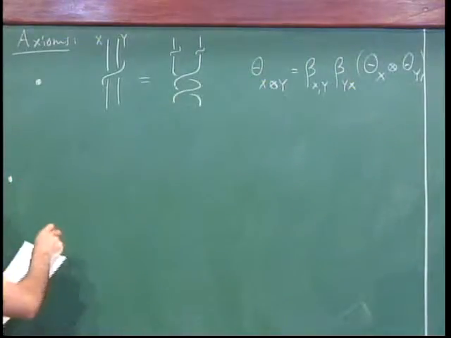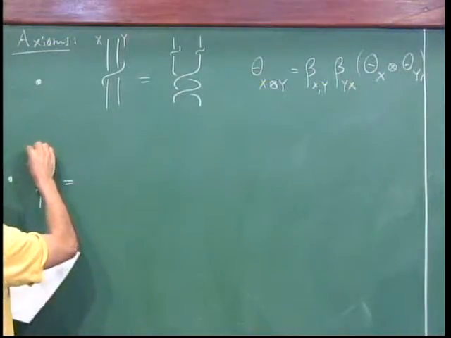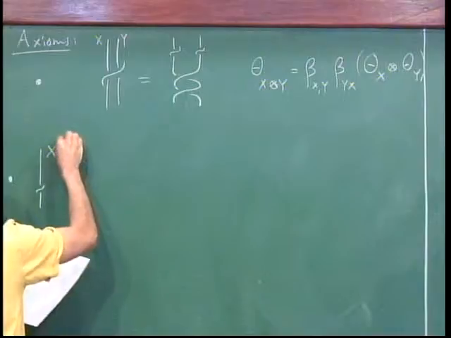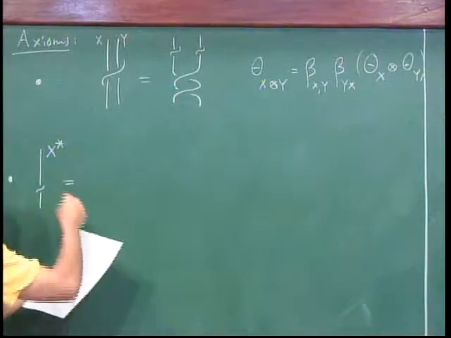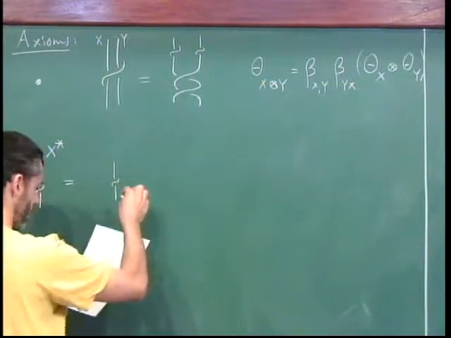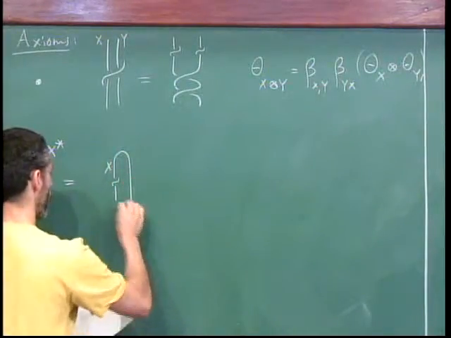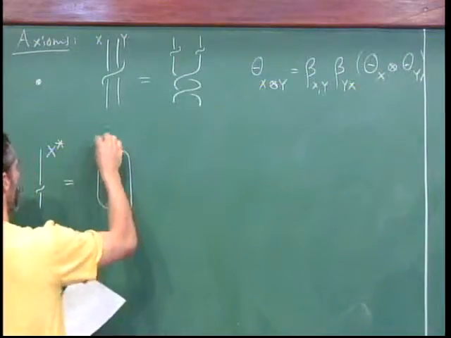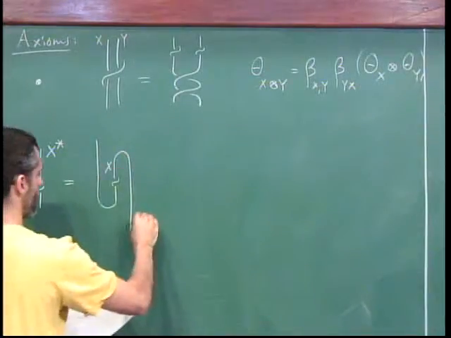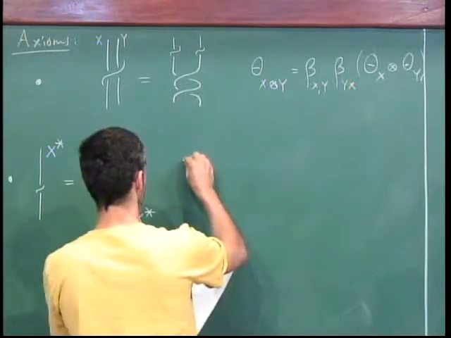Here's another axiom. If I have the dual of an object, let's take the right dual, and I do the twist on it, that should be the same thing as, well, you do the twist on the object x itself, and then use the duality structure to go back to a map between right dual of x to right dual of x. And as a formula, that's the following.